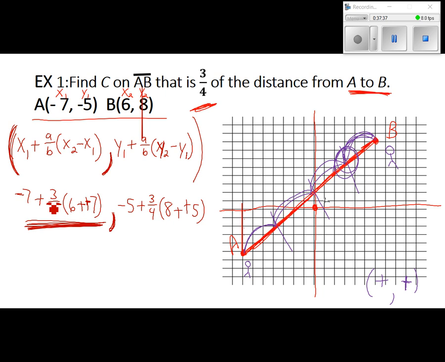So just type it in, -7 plus 3 divided by 4, parenthesis, 6 plus 7, close the parenthesis. Type that in just like it's a division problem. We'll just go with the decimal answer if it doesn't come out all nice and even. We'll be fine with that.